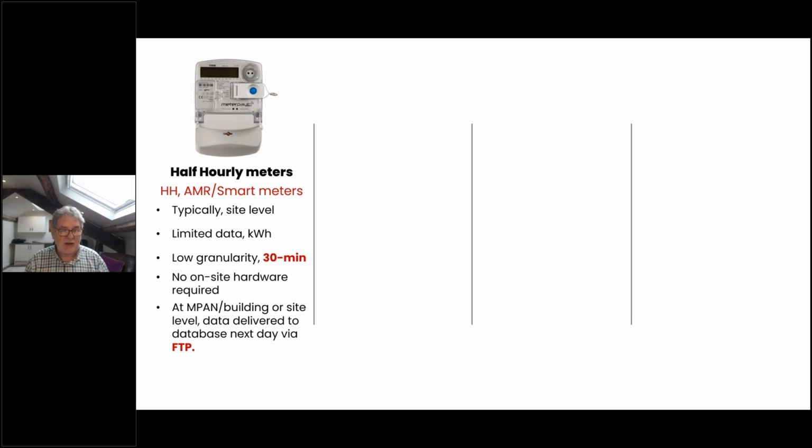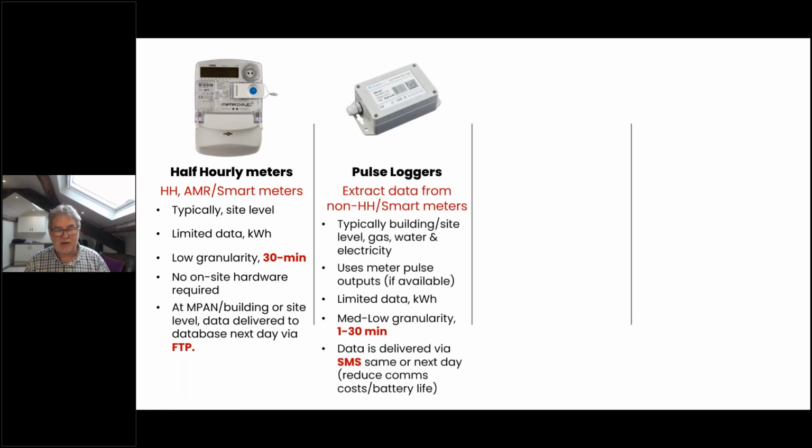It's useful information at site level, but when you need to dive deeper or bring in more energy sources, then you have to move to the next one. So we also deploy pulse loggers, so those are for connection to non-half-hourly or smart meters. And typically where you've got sites that want to monitor not just electricity, but gas, water, renewables, export meters, etc. So if there's a pulse available on a meter, these data loggers can grab that pulse.